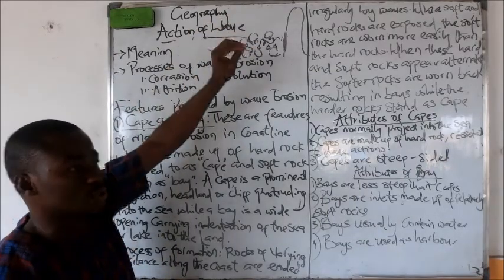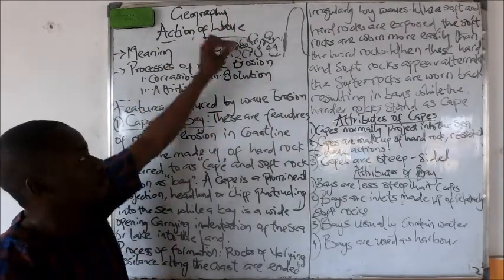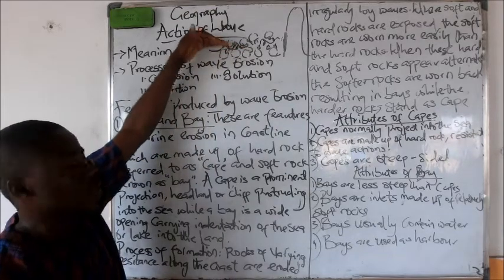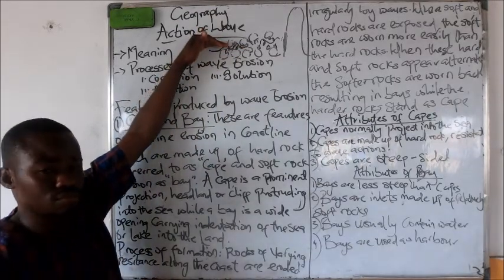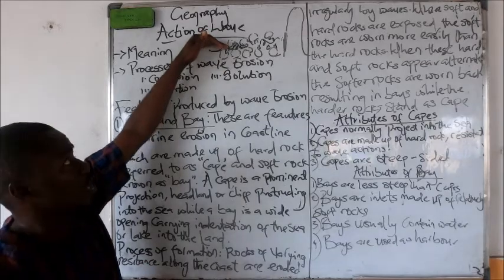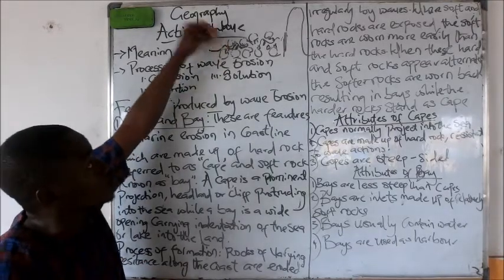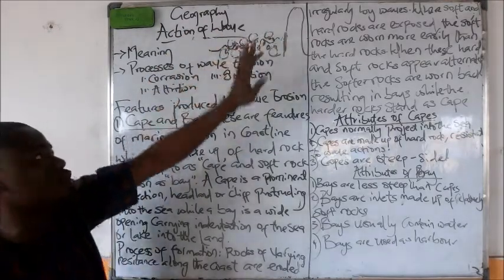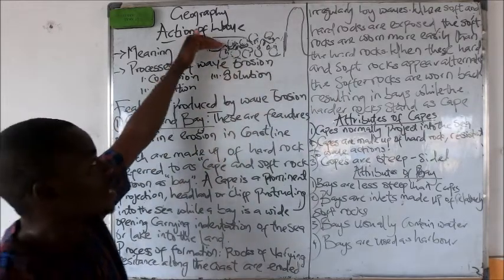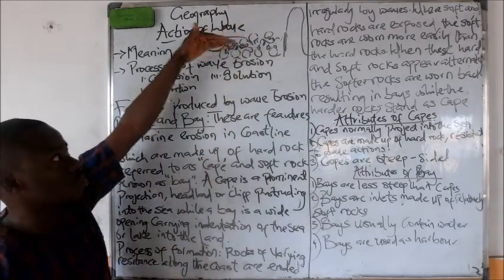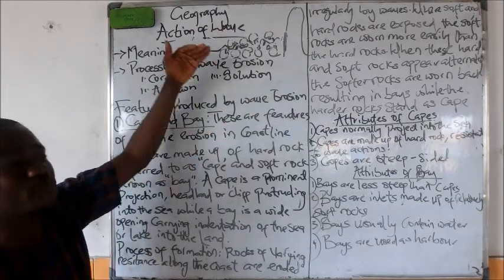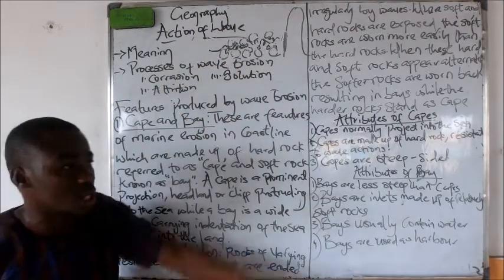So the fragment carried by water is limestone or chalk, and this limestone or chalk tends to dissolve within the body of water. That kind of erosion we call solution.